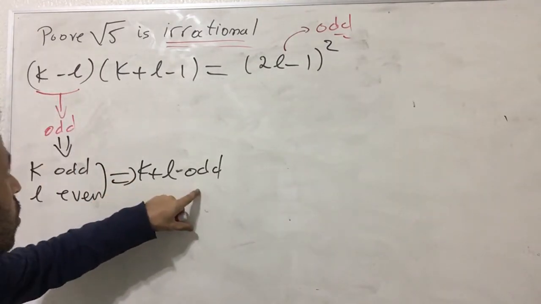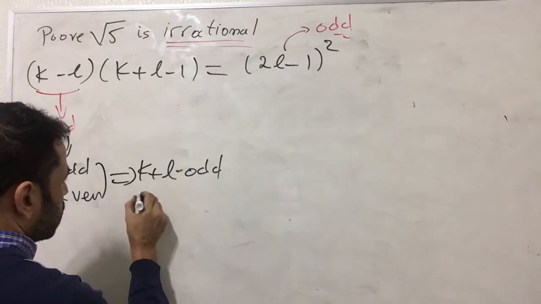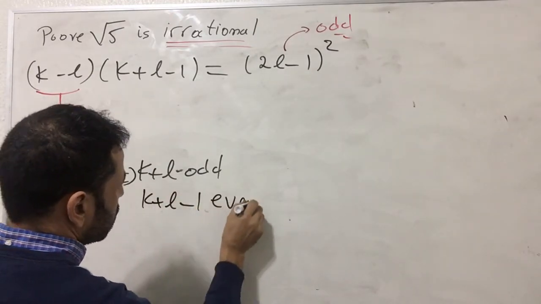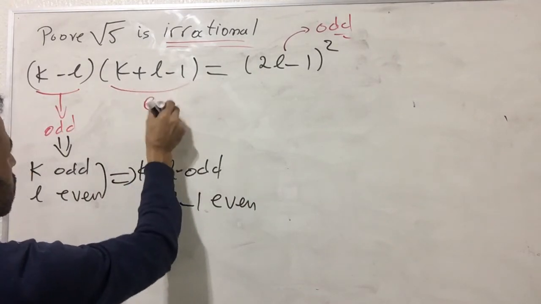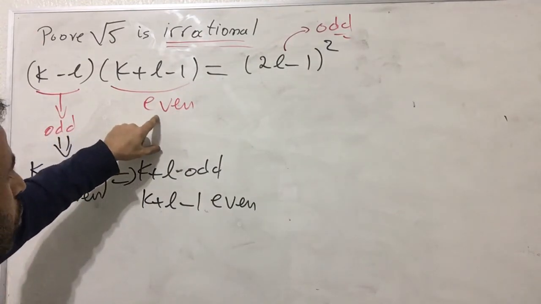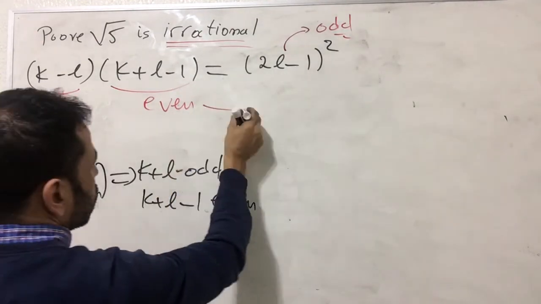Since k plus l is odd, this implies k plus l minus 1 is even. That means this is even. This is odd.